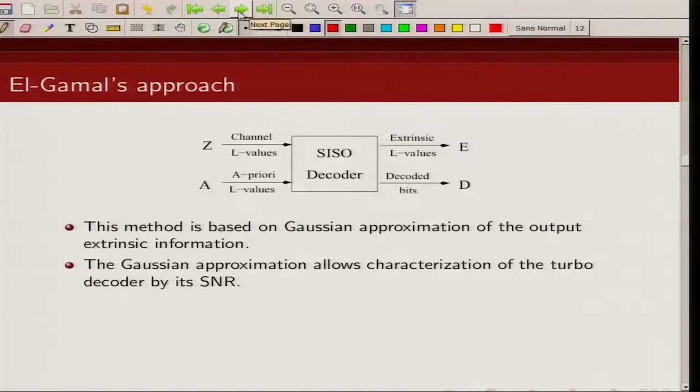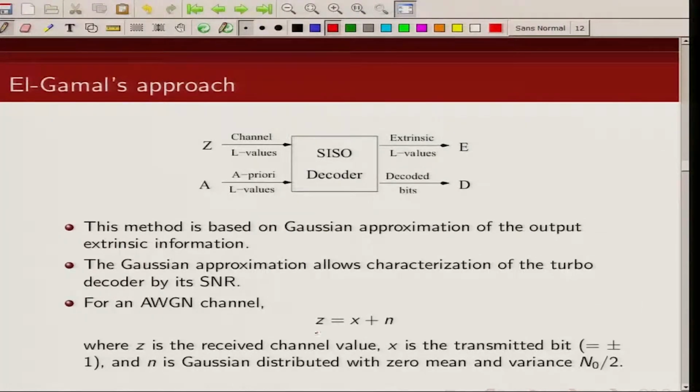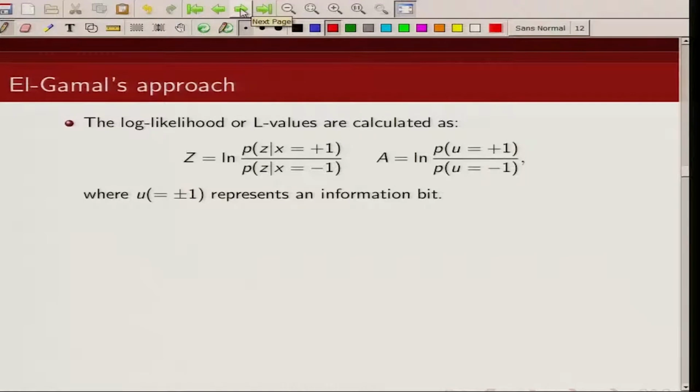Now, we are using this Gaussian approximation. So, assume we have one Gaussian channel. If X was my modulated signal and N is my Gaussian noise, what I receive is Z. Now, the likelihood ratio of Z, we can write it like this.